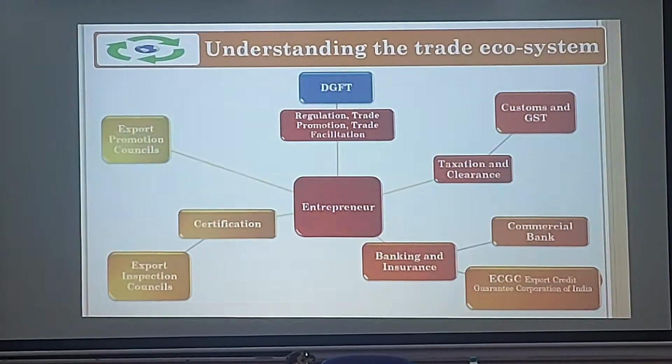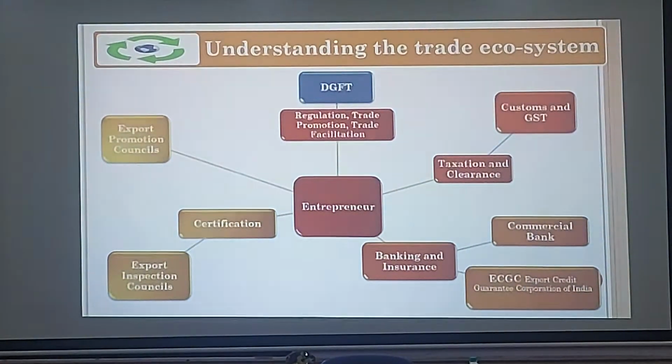Who is doing what? These councils are basically constituted under an Act of Parliament, but they are not government agencies as such. Basically, they are run by the members themselves, and they are sector-specific pressure groups.